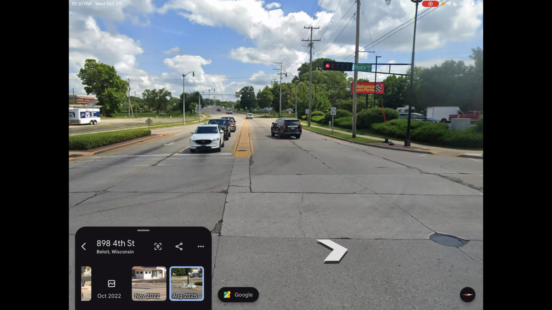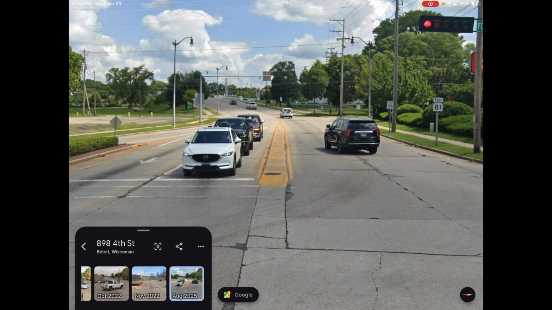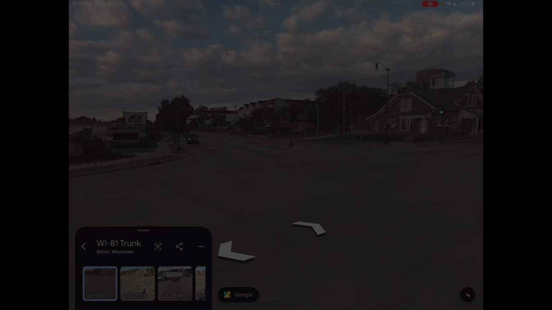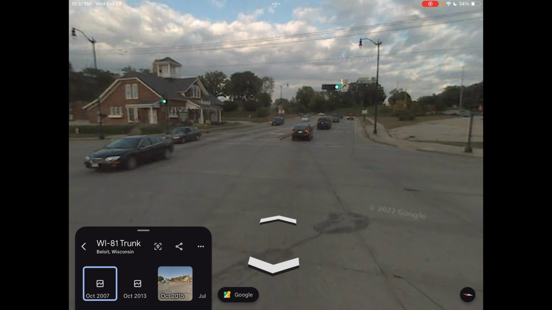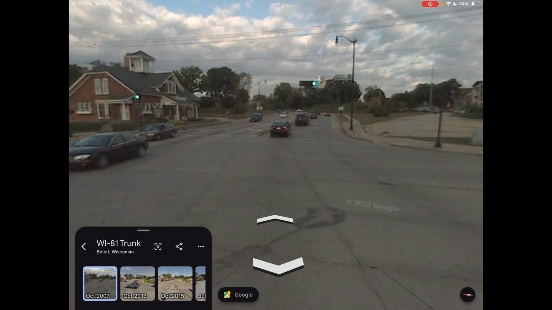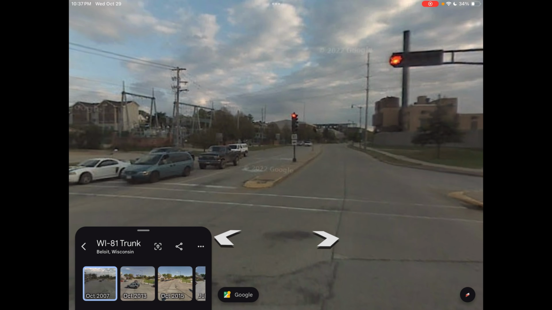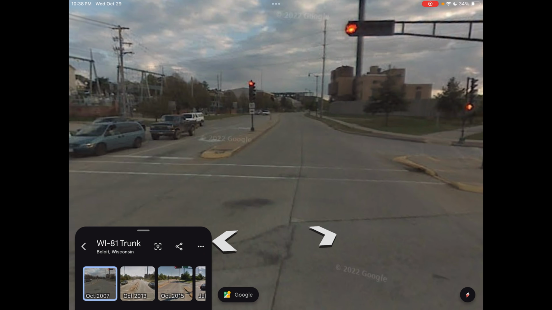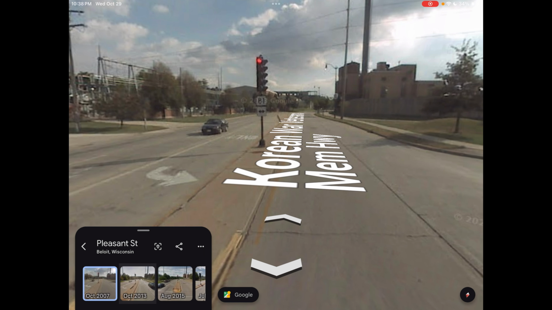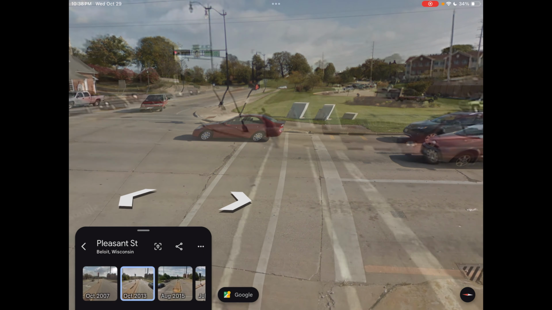Time to take you guys up to the next intersection, which has another funny history. So this is the intersection of Riverside and, what is that, Grand Avenue? I might be tripping. What is this intersection over here? Pleasant. I knew it was something.